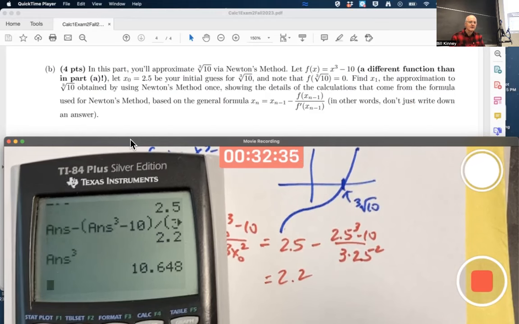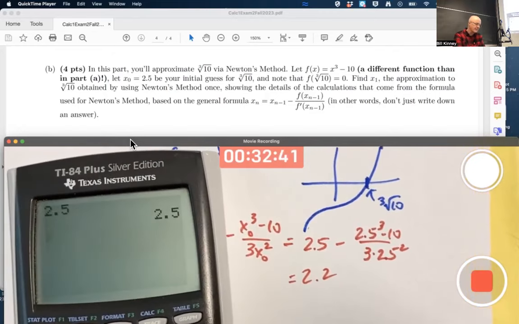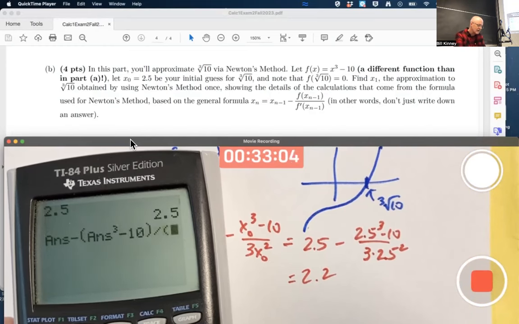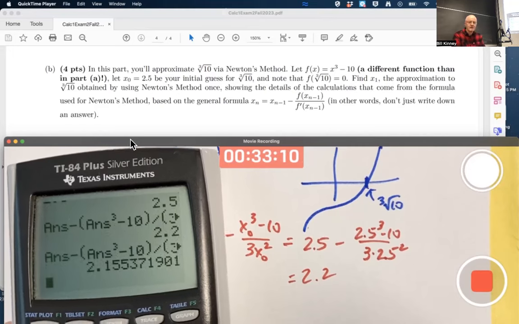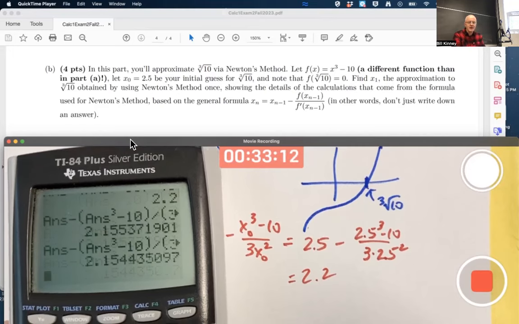Not too far off. If I had done Newton's method again, which I'm not ruling out having you do with your calculator on the exam, previous answer minus, okay, previous answer cubed minus 10, all divided by 3 times previous answer squared. Enter it again. Enter it a couple times maybe. It converges pretty quickly.